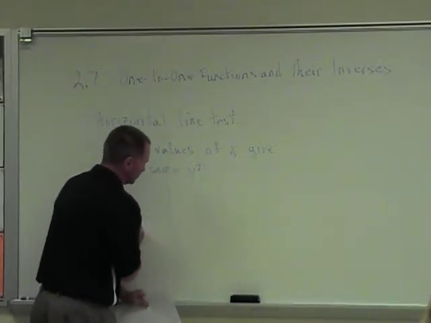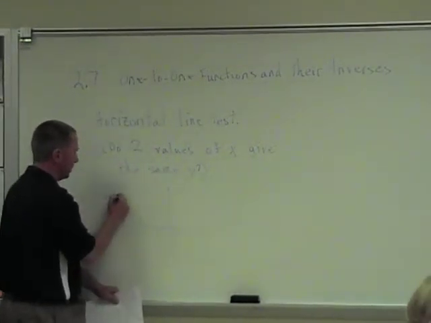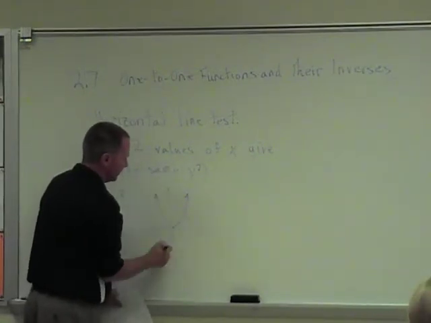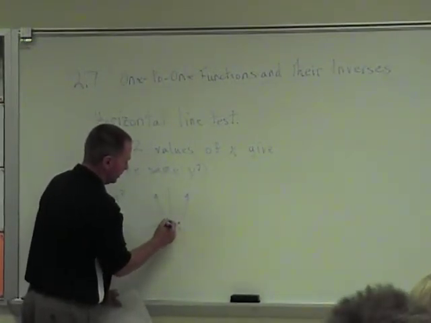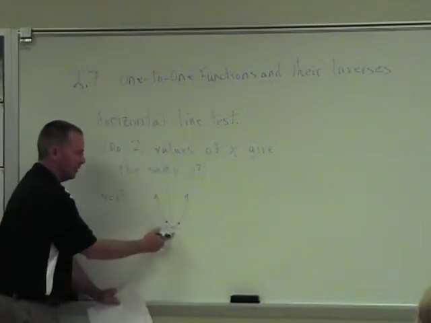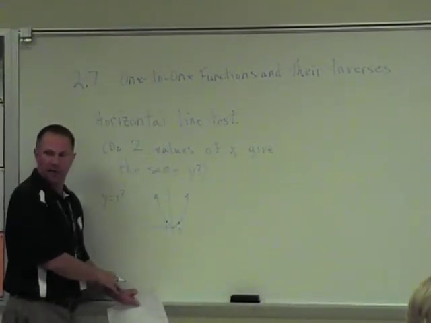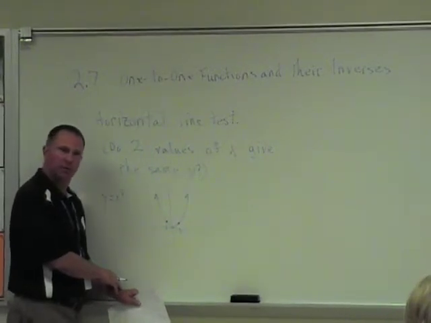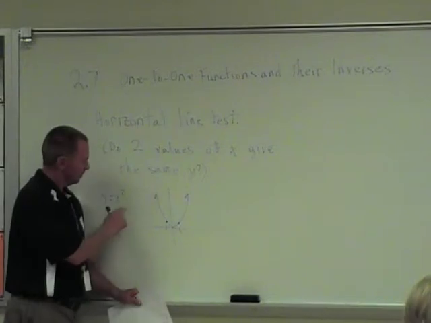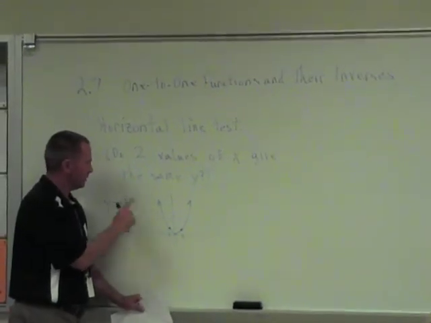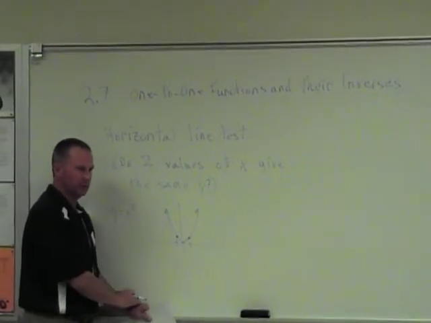So for instance, y equals x squared is a parabola, opens up, and we'll just use the basic numbers. -1 and +1, does that give me the same y value if I substitute those numbers in? -1 squared is +1, and +1 squared is +1.